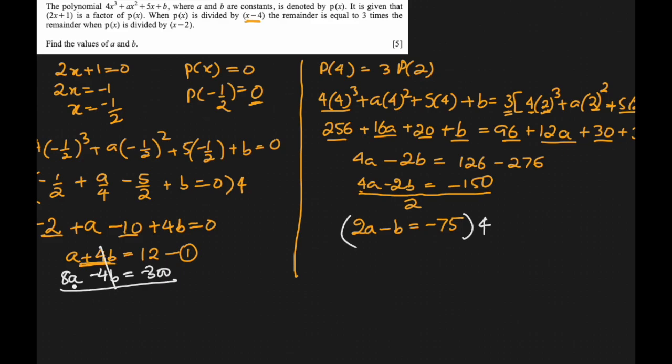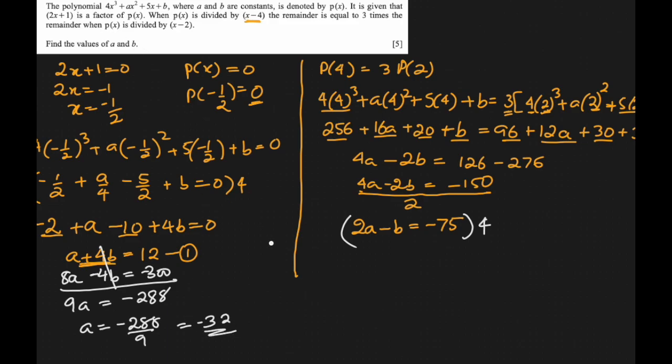This cancels, that was the purpose. 9a equal to negative 288. And now a will be minus 288 divided by 9, which is minus 32. Minus 32 is the value of a.